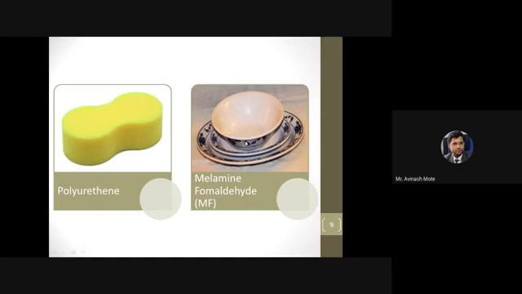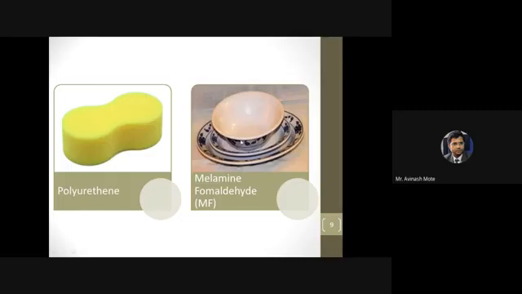The applications will be in molding boxes, bowls, and decorated tops, and it is used as a paper laminate. Sometimes this type of material is used on your tables also, to have a good surface finish and a good texture.